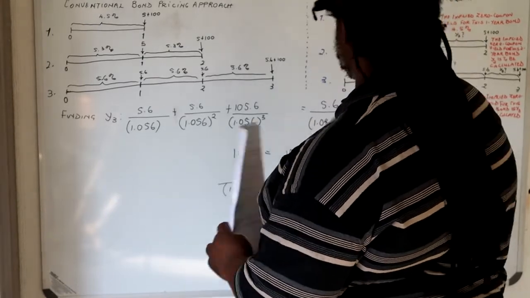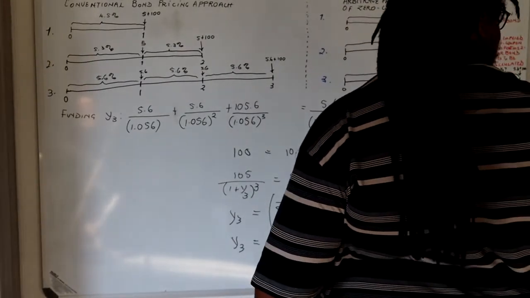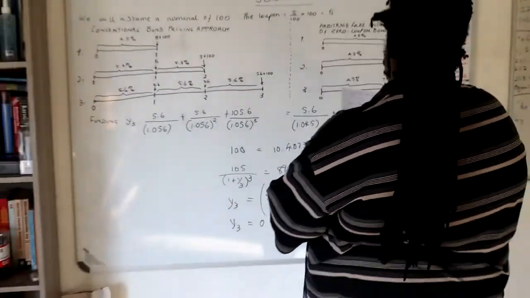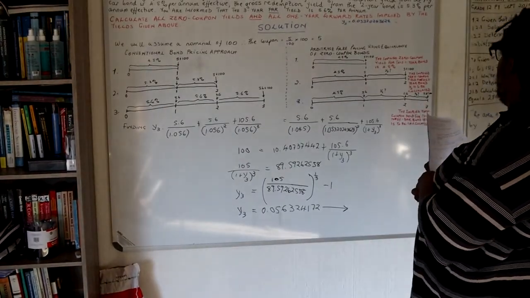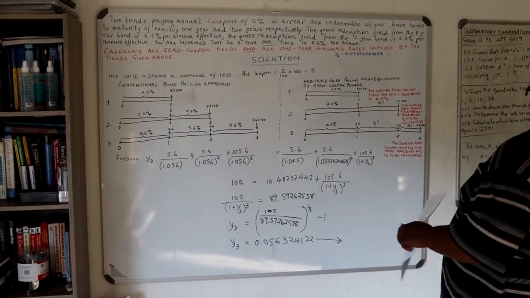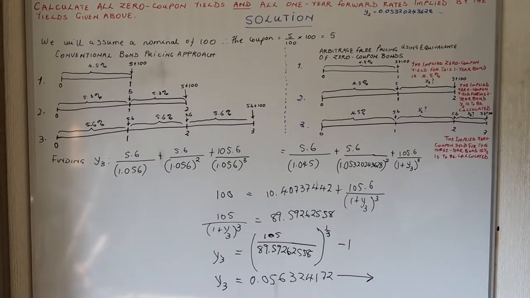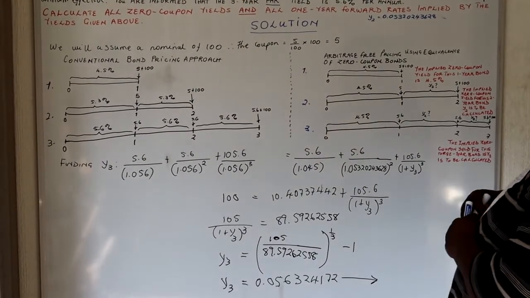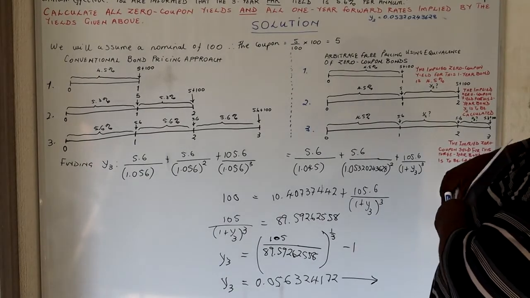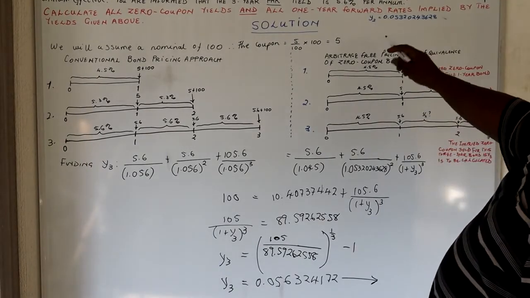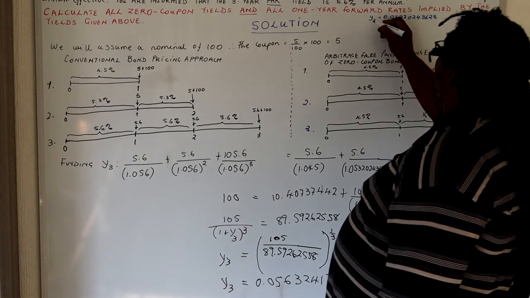And your solution is done. So then we can write the yield rate for the third period, or your spot rate y3 here because we are going to use it when we answer the second part of the question.